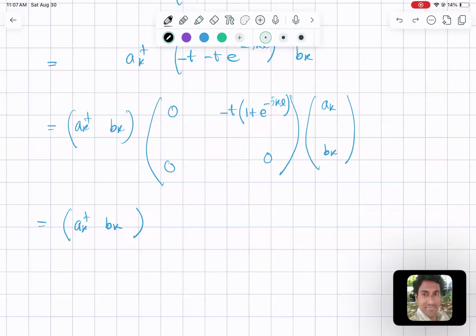So we get minus t times 1 plus e to the power minus i k l B_k and 0, right? A column, and this is a row with a column there. If we take the product, we get minus t times 1 plus e to the power minus i k l A_k dagger B_k plus 0. Does this matrix multiplication make sense?